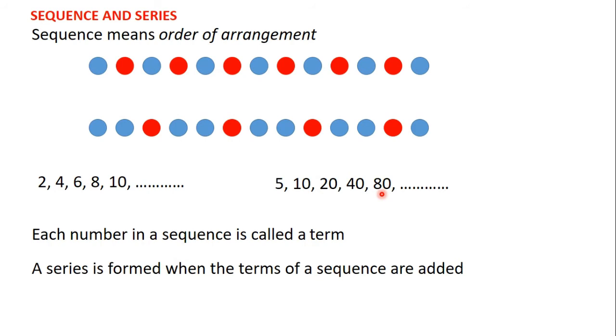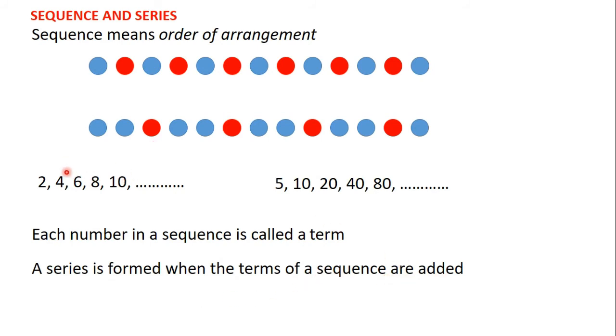A series is formed when the terms of a sequence are added. So now we know what a sequence is: a group of objects or numbers that are arranged in a specific order or a specific pattern. So when you come here, 2, 4, 6, 8, 10 is a sequence. 5, 10, 20, 40, 80 is also a sequence. A series is formed when the terms of a sequence are added.